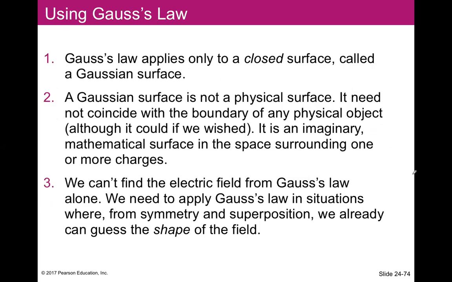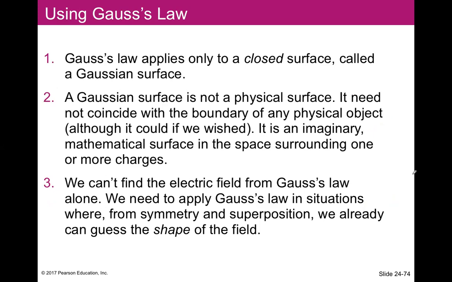So let's apply Gauss's law on some real examples. Gauss's law applies only to a closed surface called a Gaussian surface. A Gaussian surface is not a physical surface. It might be an imaginary or theoretical surface.